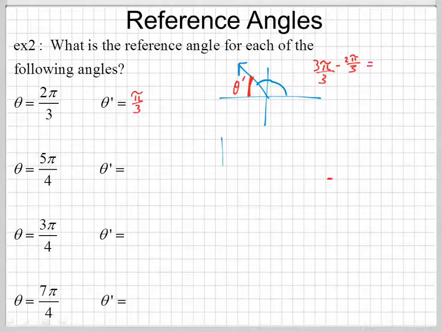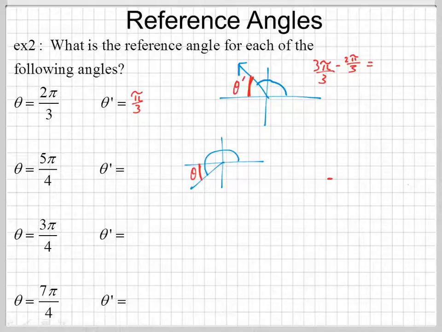And then we have the next one. Which quadrant is that one going to take me in? I know right away it's going to take me to third. And the reason why I know right away is because this number is only one more than my denominator. So I know it's going to take me to the third quadrant. What is going to be my reference angle for this one? Pi over 4.